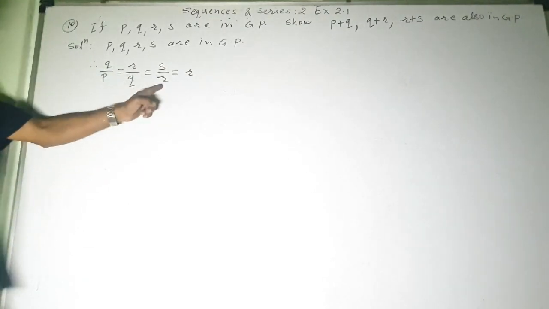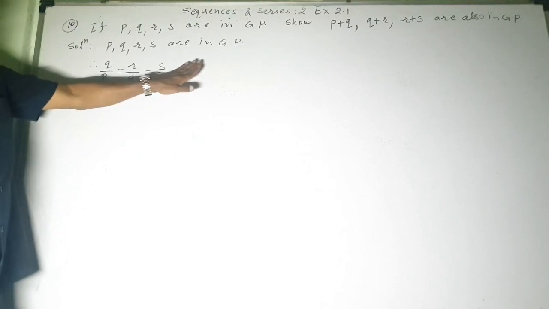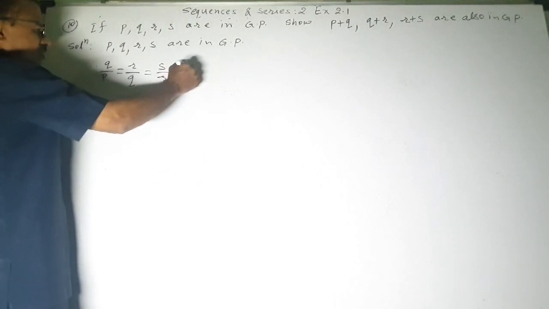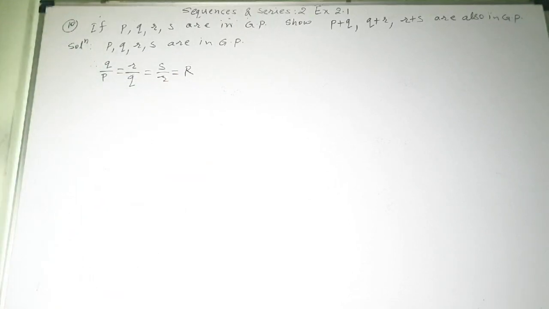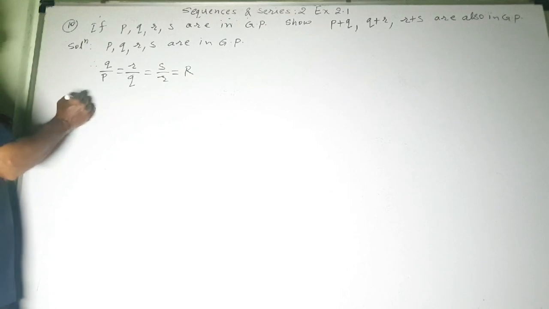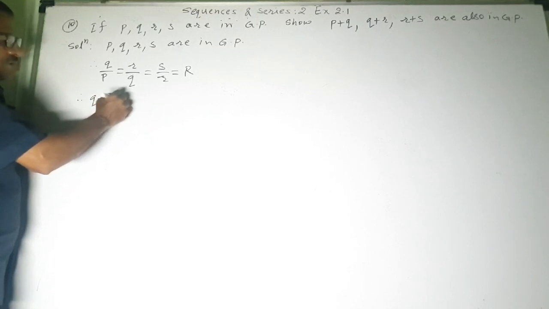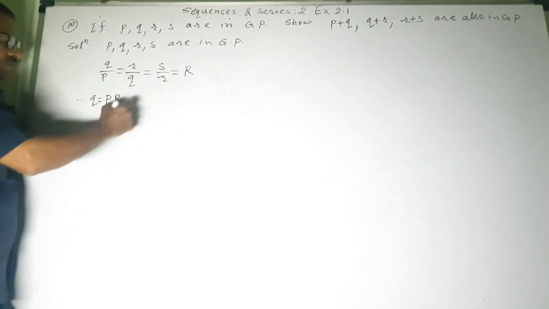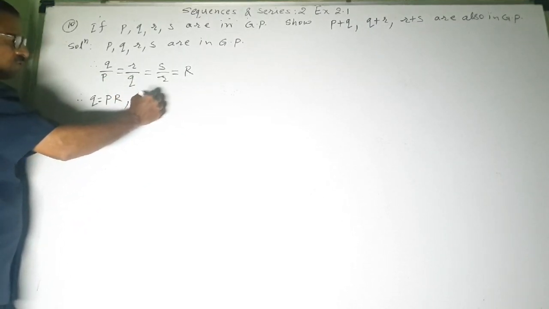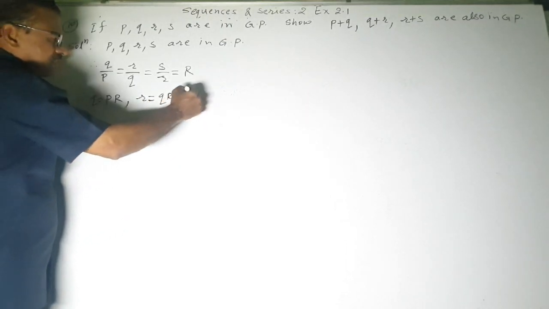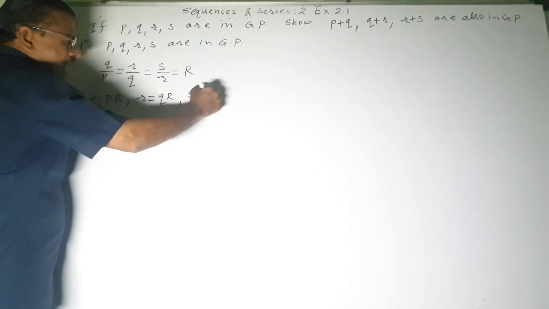But here also there is a small r, that is confusing, so I will say this is equal to R, the common ratio. Therefore, Q is equal to PR, R is equal to QR, and S is equal to RR.